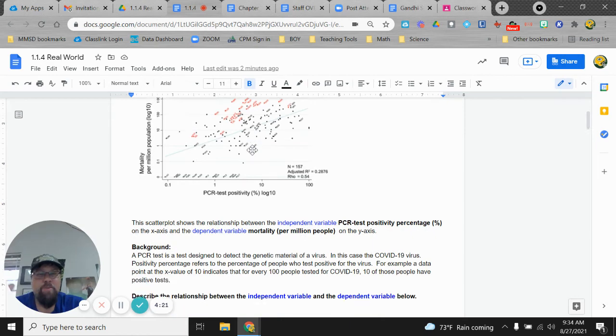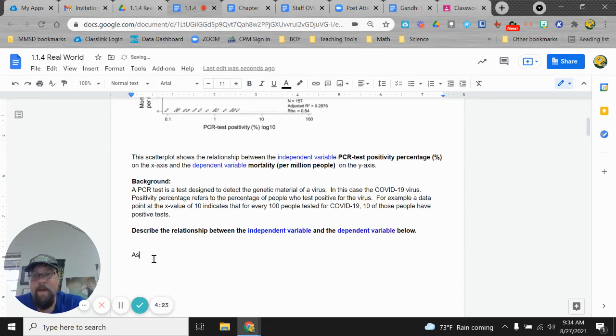So for the most part, I'm going to write a statement like this. As PCR test positivity percentage increases, the mortality rate per million people also increases.